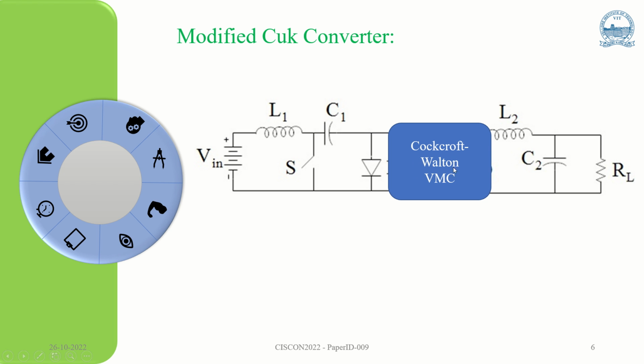As a result of this, the switching stress is not going to change, and also the size of the inductor and capacitor are going to remain the same as in the usual design of the converter.